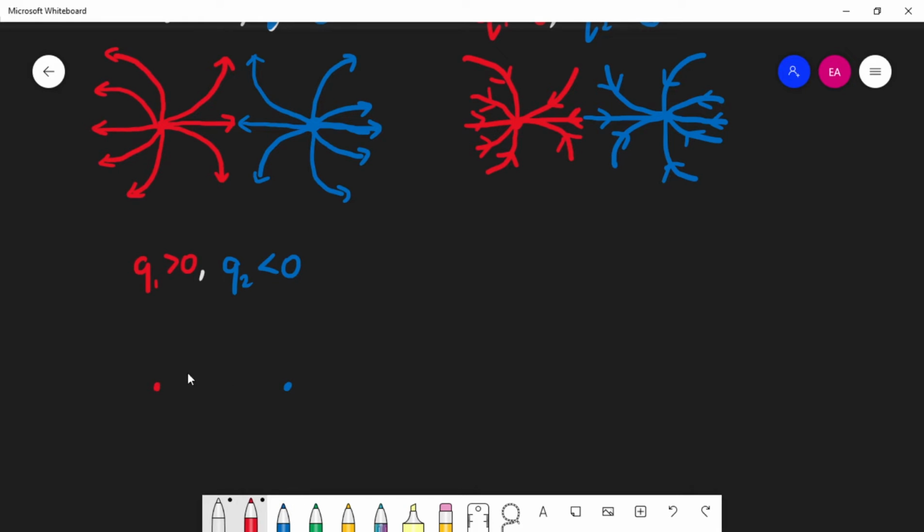Okay, so if Q1 is positive, the field lines would want to go away from each other. This time, look at it, it's a bit different now.